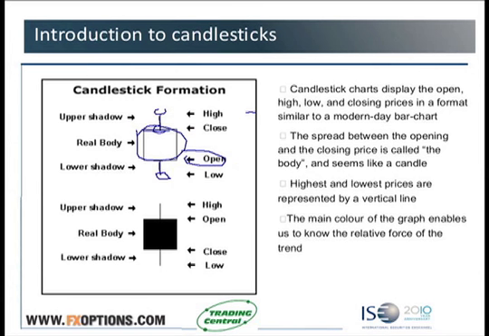In this example, black means that the close price is lower than the open price. With the color, when you see a global chart, the main color of the chart enables us to know the relative force of the trend.